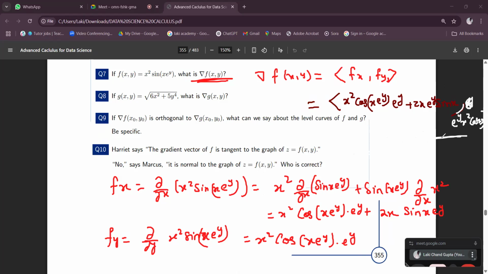Okay, you can go through it once. Let me go through it. So f of x is x square sine x to the power y, and we are deriving just that.